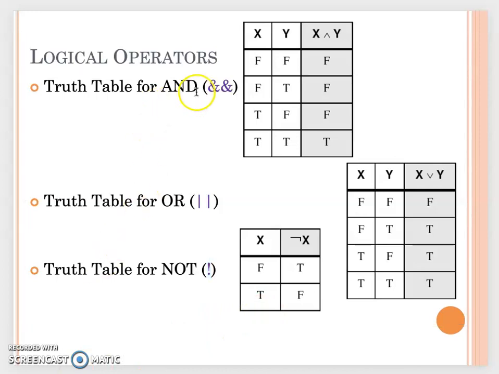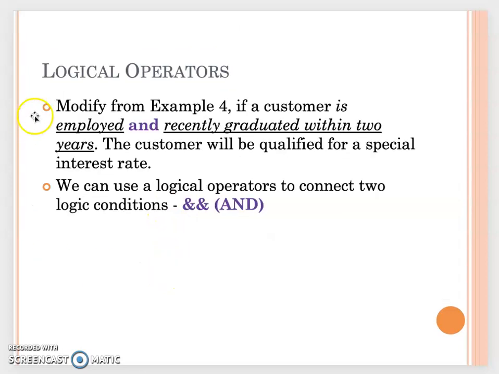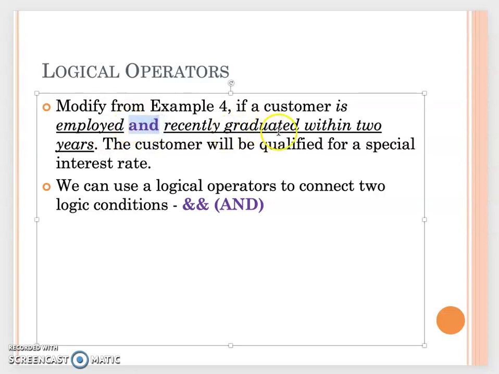After we understand AND, OR, and NOT, now let's revisit our example 4. If you remember from the previous two videos, we talked about a customer who is employed and, you see AND, recently graduated within 2 years from college.